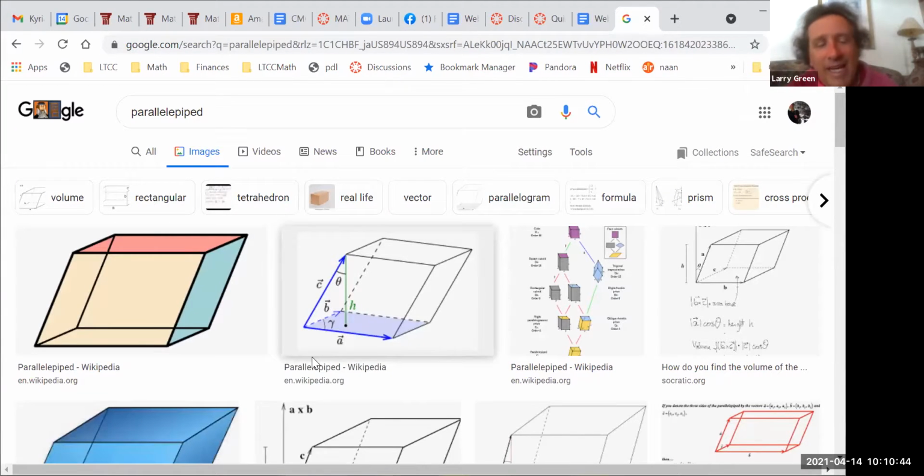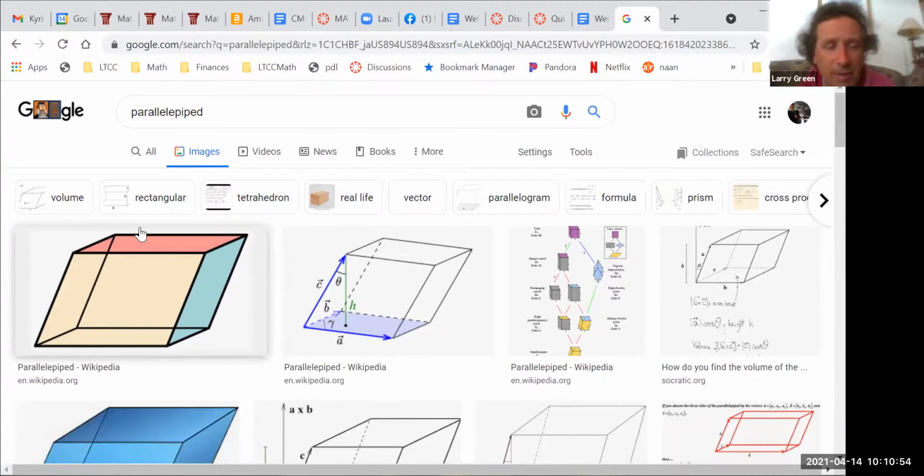So it's kind of like a cube, but it's not right angles for all of them. Okay. So they're all parallelograms. Any questions on a parallelepiped? And the volume of a parallelepiped is the determinant of the matrix in absolute value, actually.